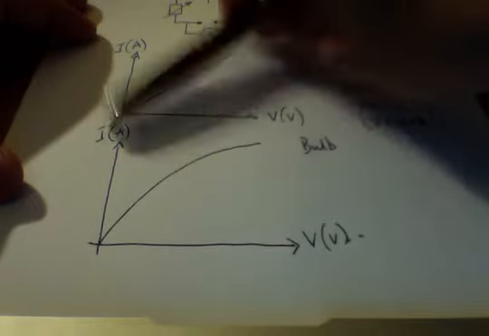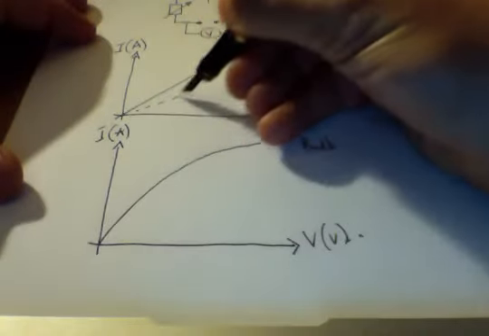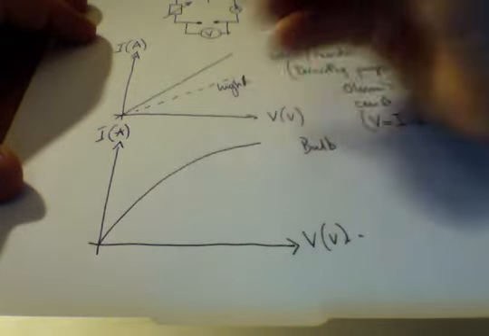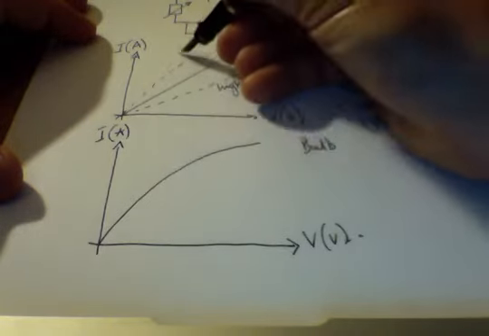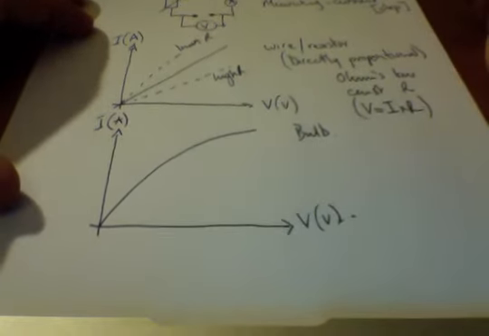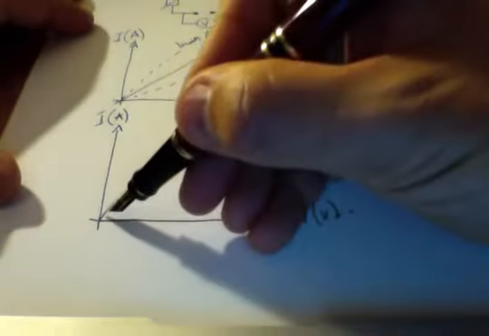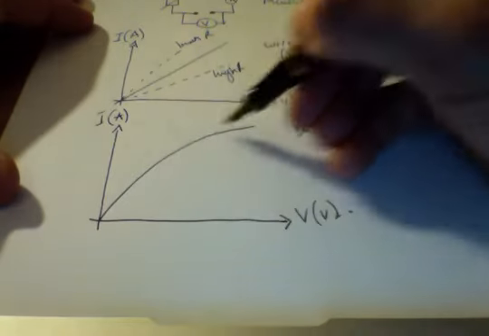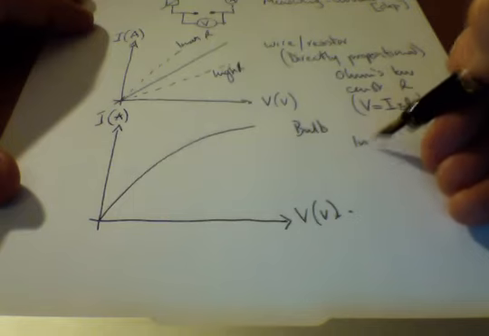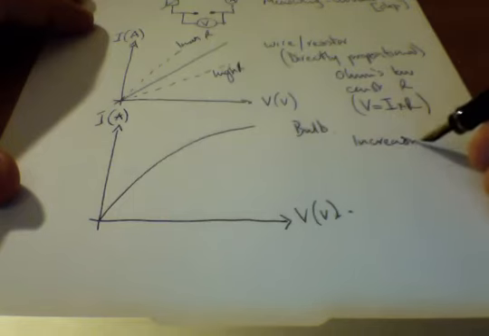If this is a constant resistance, then something that's down here has a higher resistance, and something along here has a lower resistance. What that suggests is we have a low resistance initially with the light bulb going to a higher resistance. So with the light bulb, we have an increasing resistance.